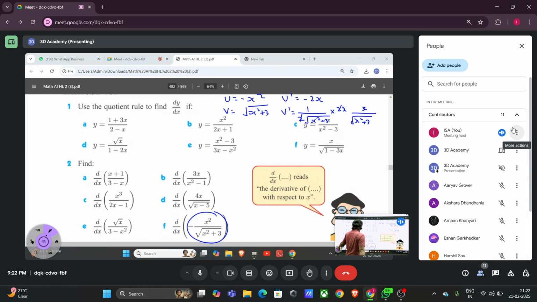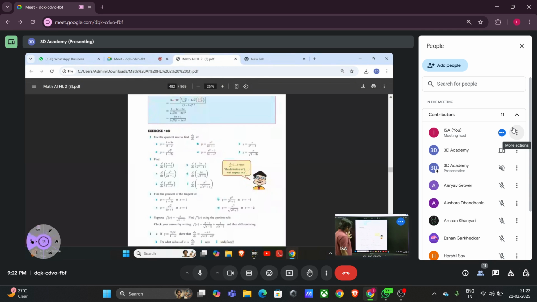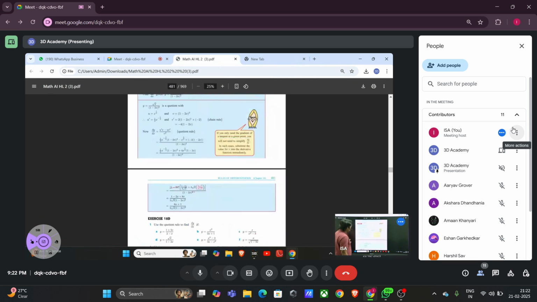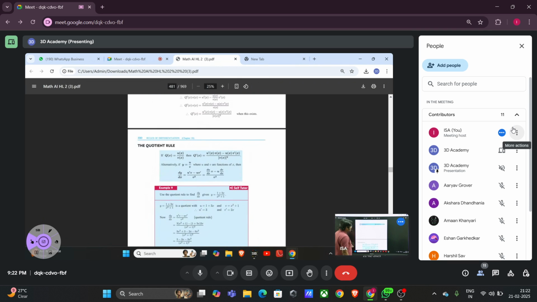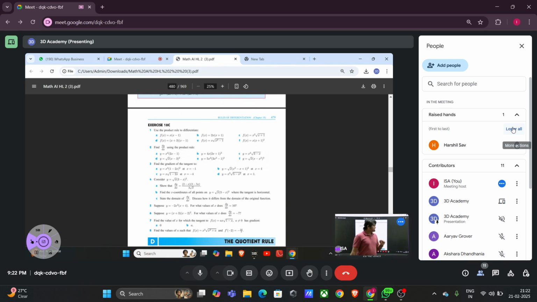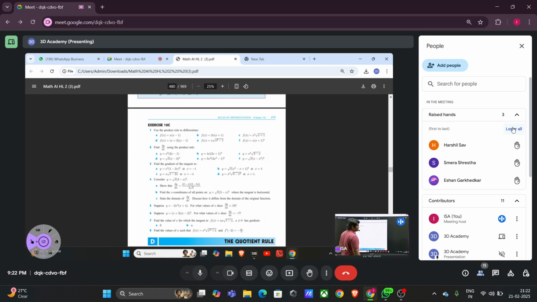Okay. Now, I hope यहाँ तक chain rule, quotient rule, product rule. How many of you now understood all three? Please raise your hands.